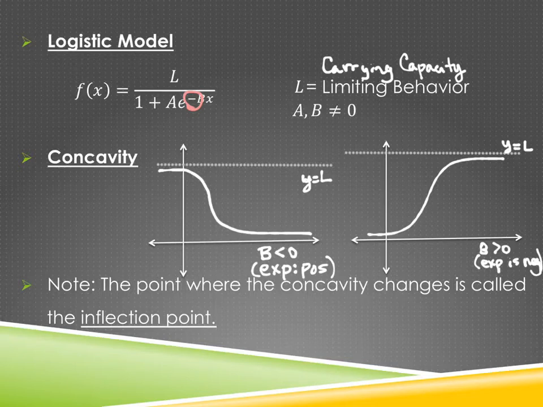A couple other features on the graph: just like the quadratics, these not only have the possibility, but we see it happen, where they change concavity. The pink dots that I've located are places where we are changing concavity. On the first one, this graph is concave down, and then it's concave up.